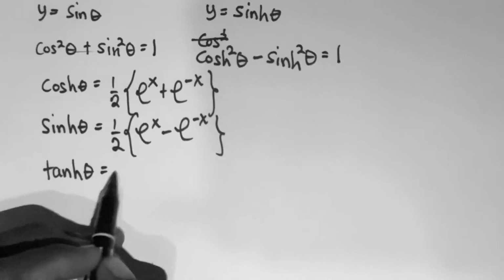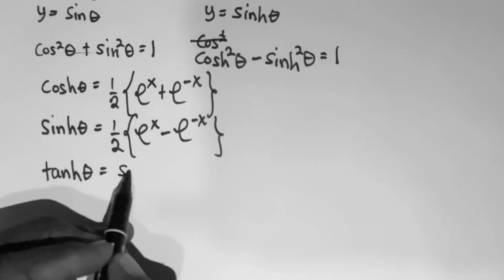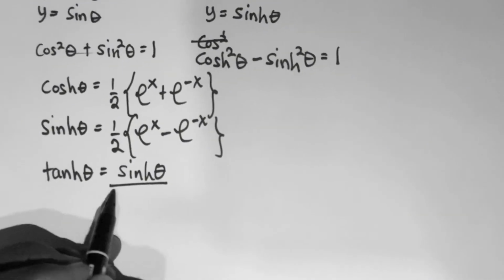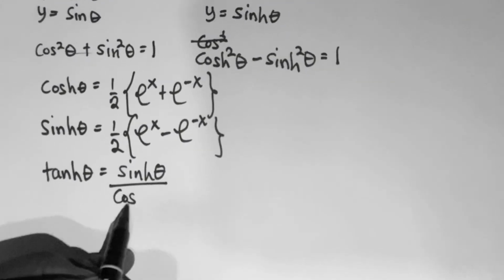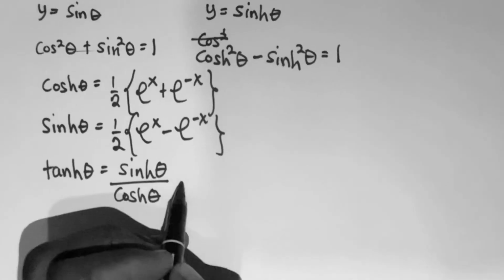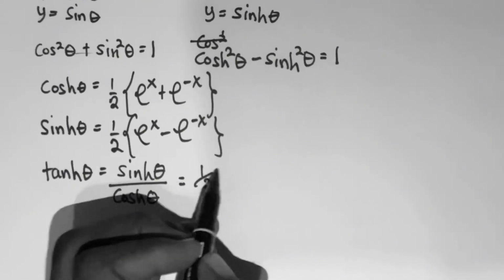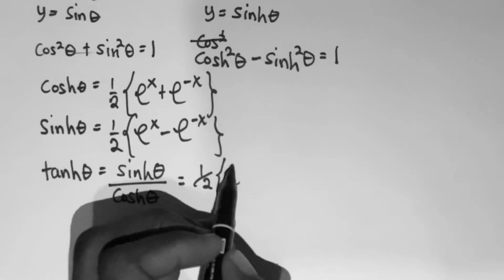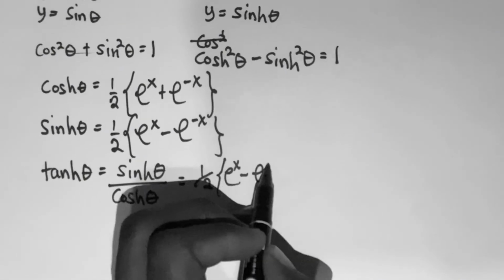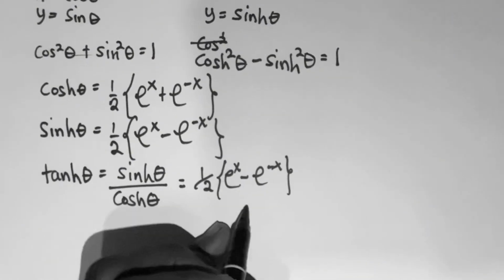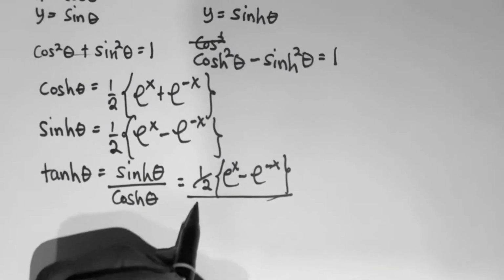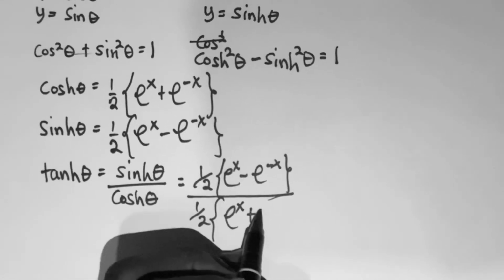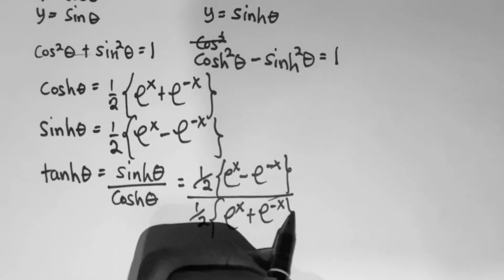So we are going to get half of e^x minus e^(-x), divided by half times the bracket e^x plus e^(-x).